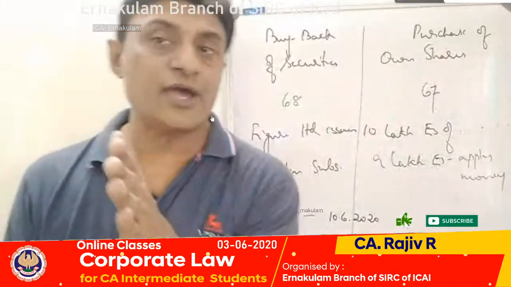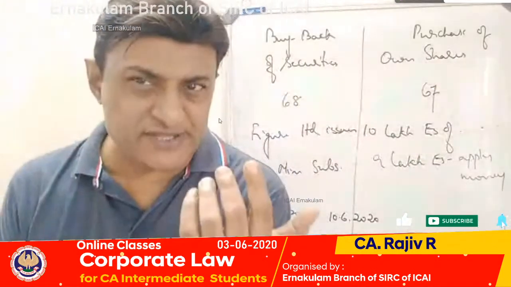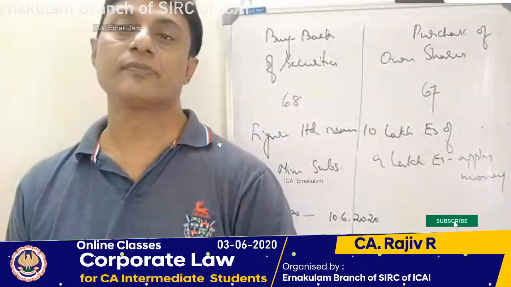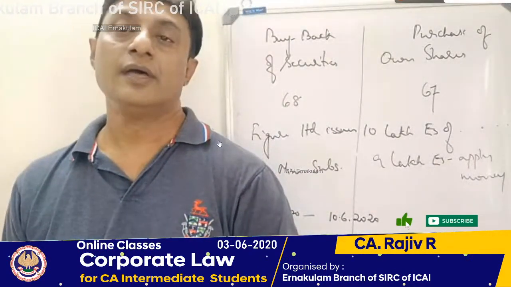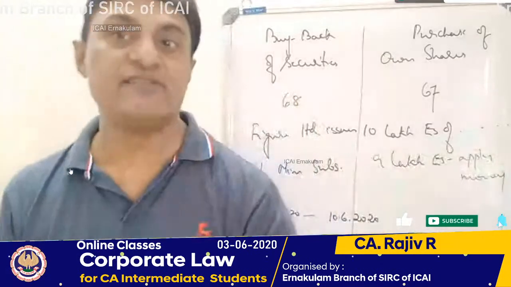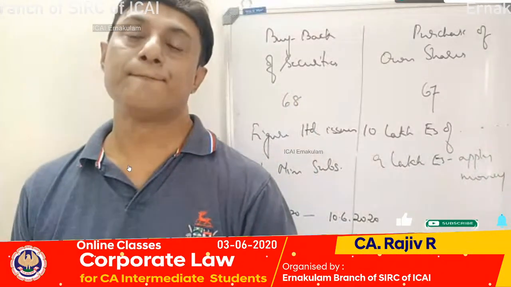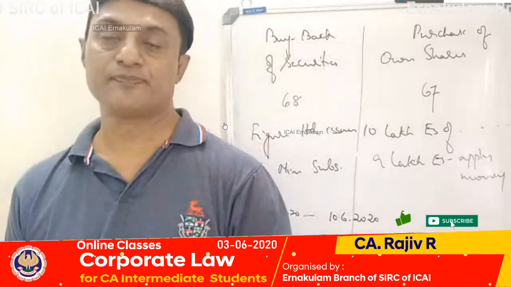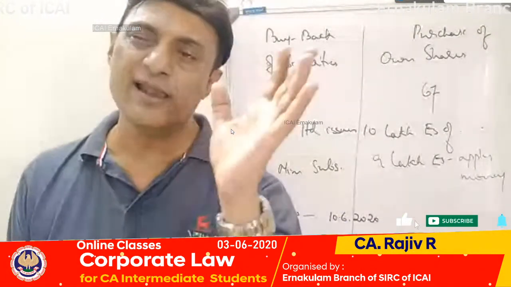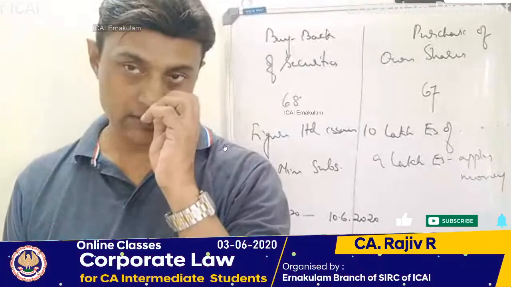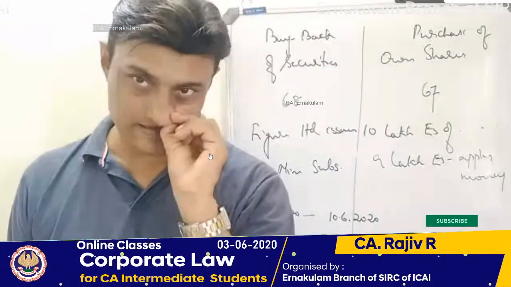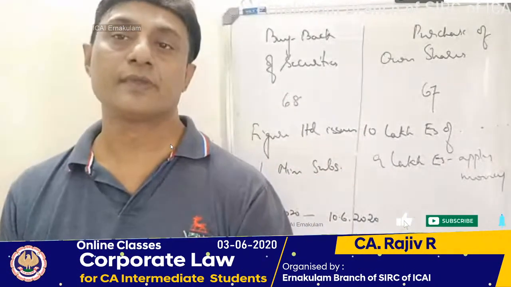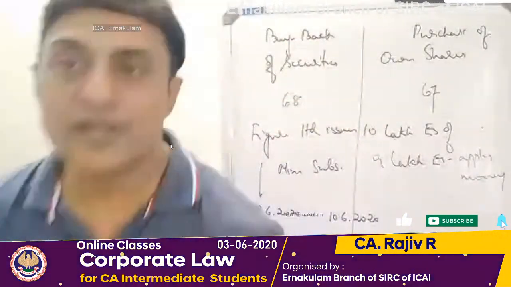In buying back of shares, there also you're actually purchasing. The company is buying and paying the shareholders. Here the company is buying and paying itself. So there's no cash movement. I pass one single entry. Investments in shares of Figure Limited to equity share capital account.